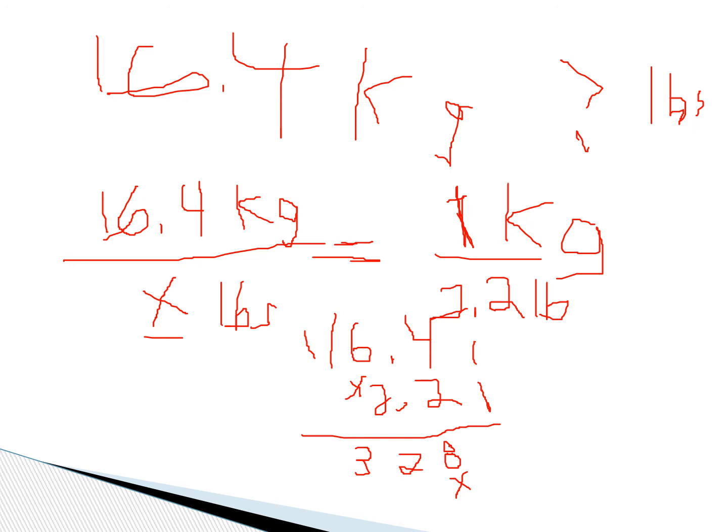Again, 2 times 4 is 8. 2 times 6 is 12. I have the 1 here from the 6 times 2 is also 12. 2 times 1 plus 1 is 3.